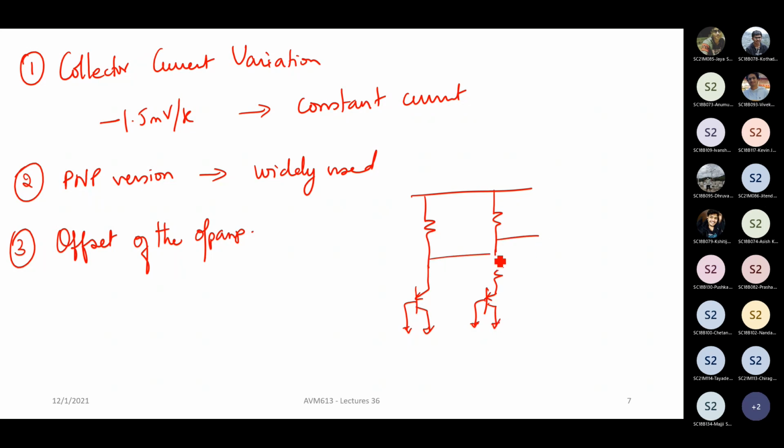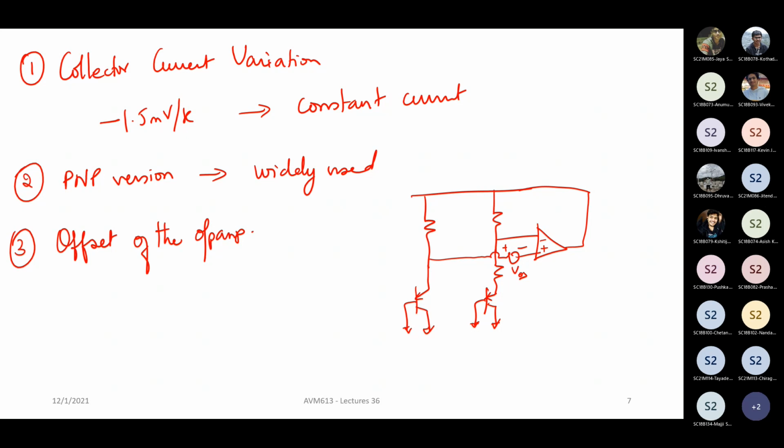This is the minus terminal, this is the plus terminal. Now if there is an offset voltage in series with your positive terminal, what will happen to your band gap voltage?